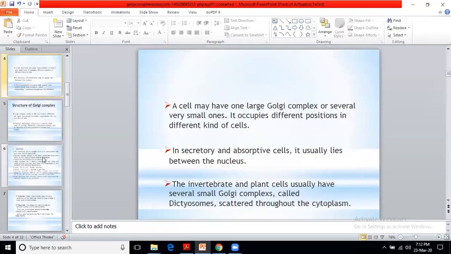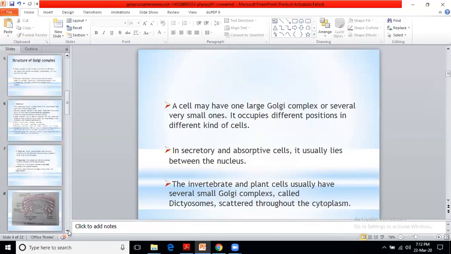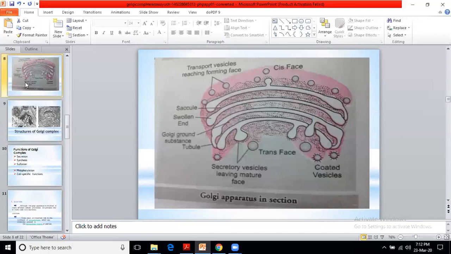As I have already told you, this is the cis phase, and these small circular bubble-like structures are known as transport vesicles.